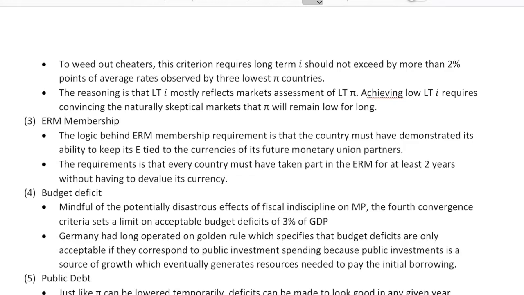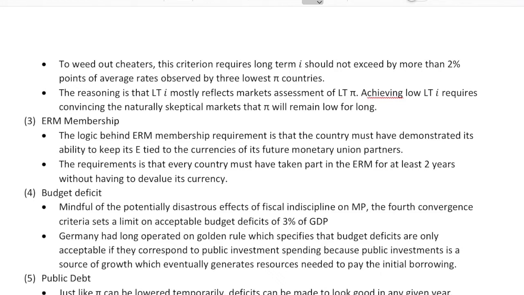So just to clarify, ERM membership in some ways shows that you have the discipline to do whatever it takes to maintain a lock with your future peers in the European Union that have also adopted the euro.